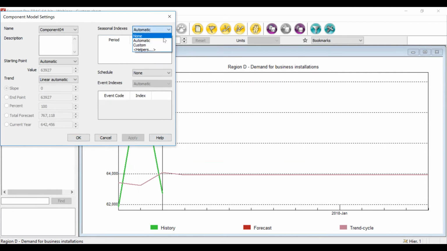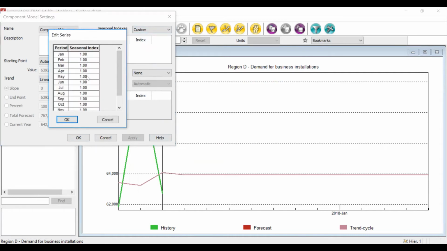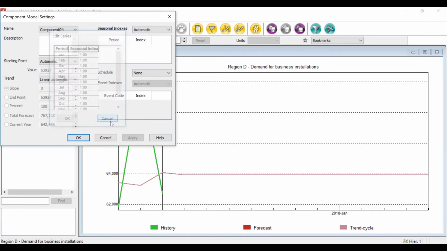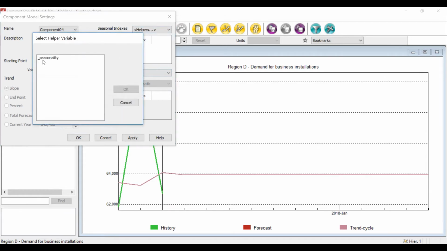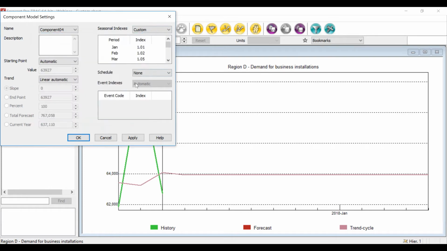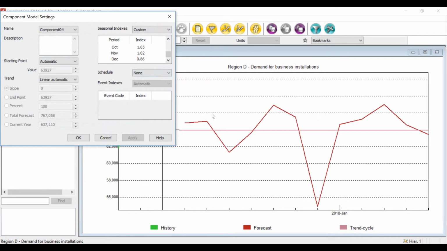I'm going to go under custom, and I could just put in different seasonal indices for the pattern, but I can do something even easier, which is to pull them in from what we call a helper variable, which in this case is the seasonal pattern from a different series. So I'm going to go ahead and do that. You can see here are those same indices we saw before, and I'm going to apply it. Now you can see our forecast reflects that seasonal pattern.